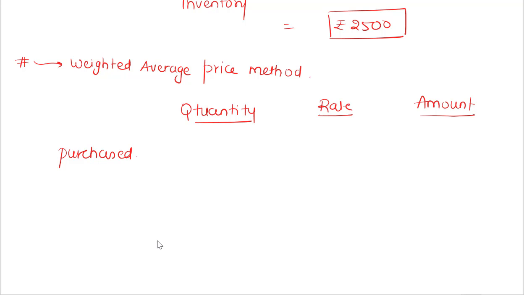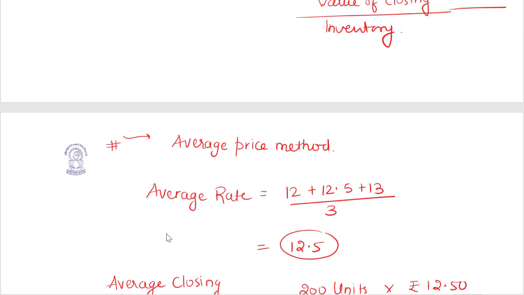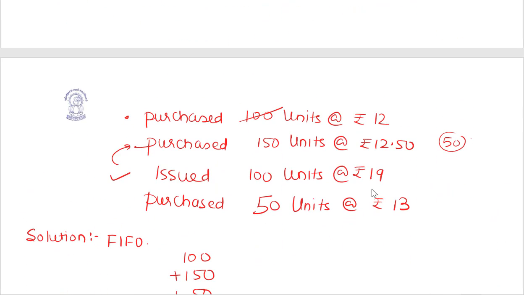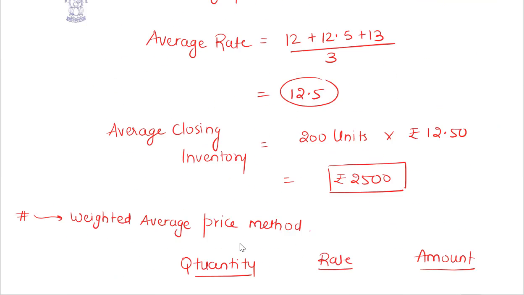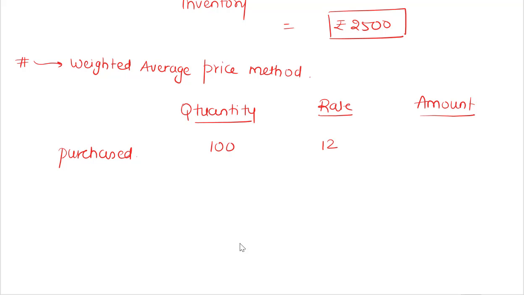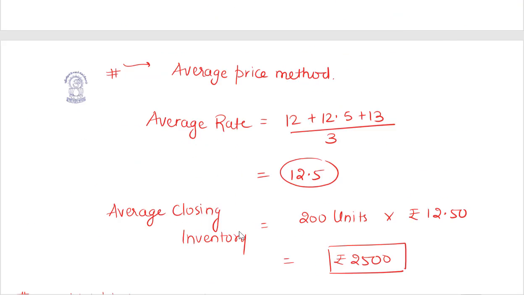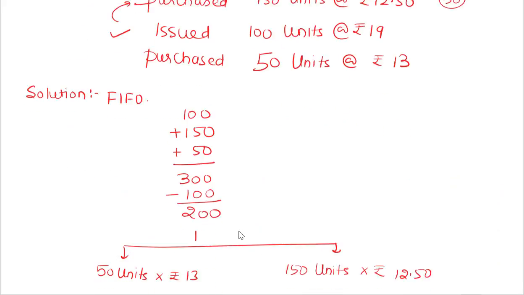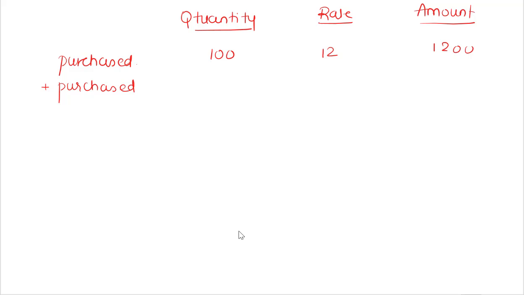So write purchase 100 units. The rate is 12. So 100 multiplied by 12 is 1200. Then purchase: quantity is 150, rate is 12.5. So 150 multiplied by 12.5 is 1875.